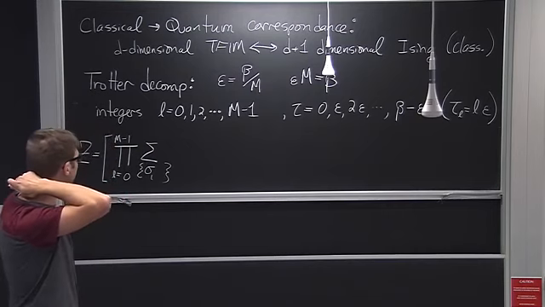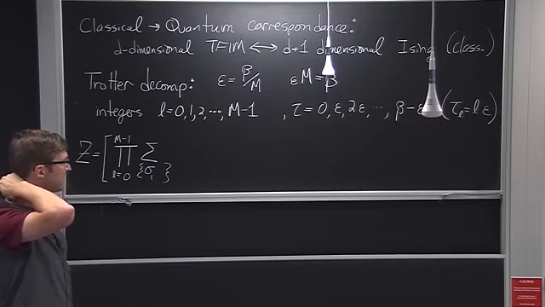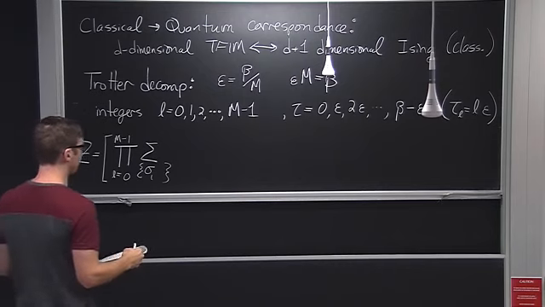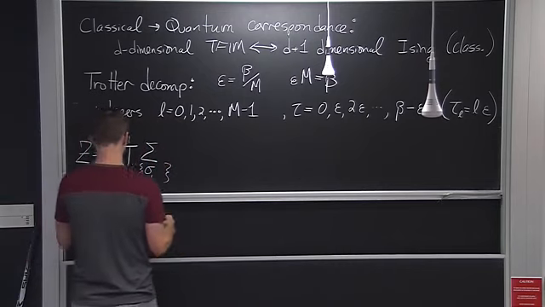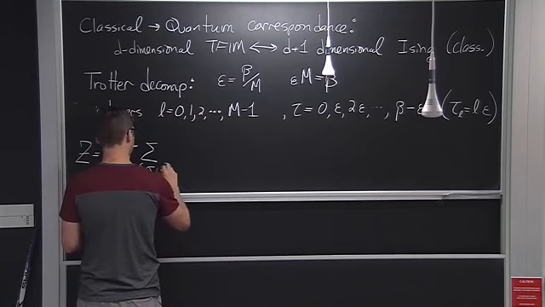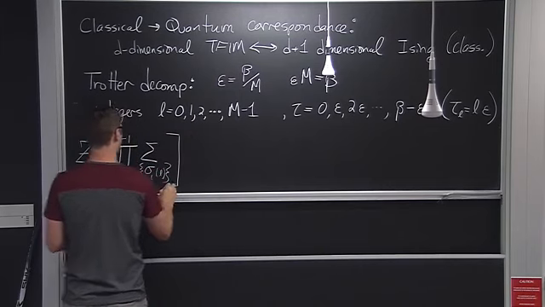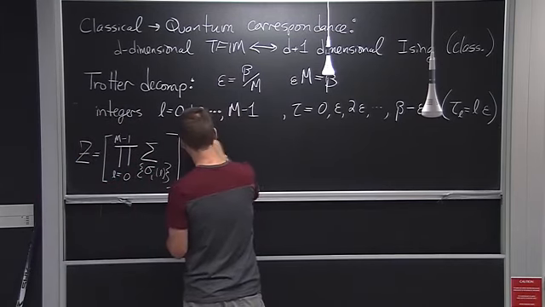The L equals 0, tau equals 0 state is the trace that occurs in the partition function. So I can label these basis states with that label L. So that's a product of all the sums. That's just a compactified notation.